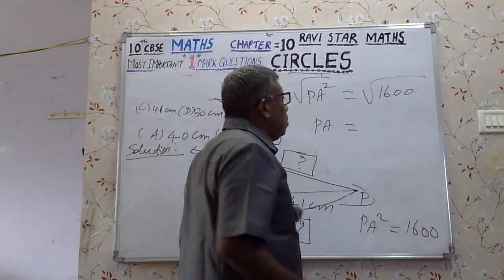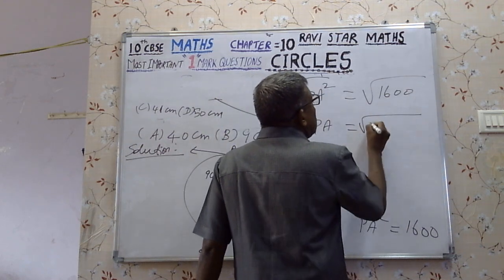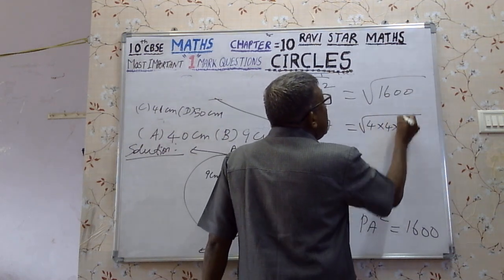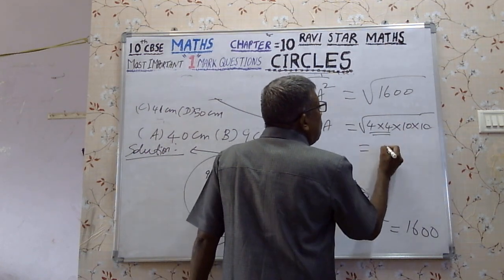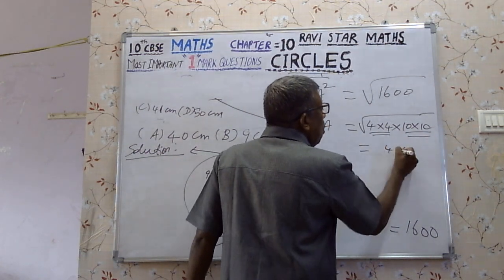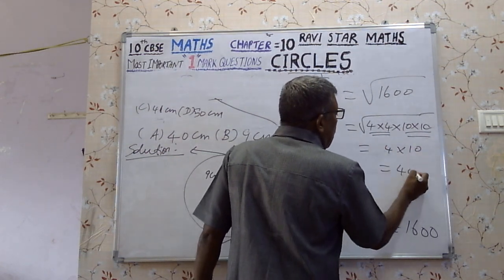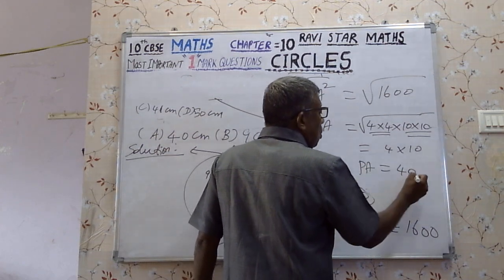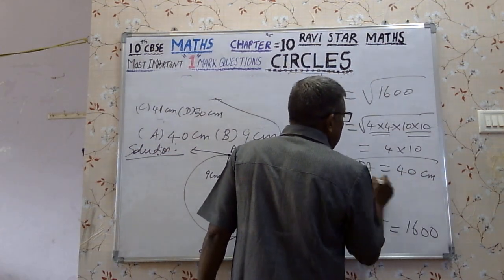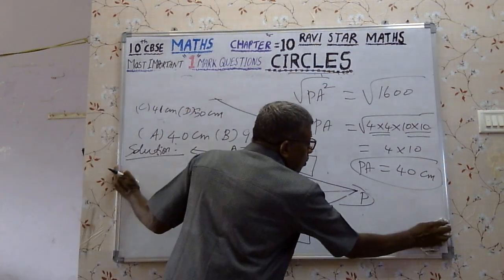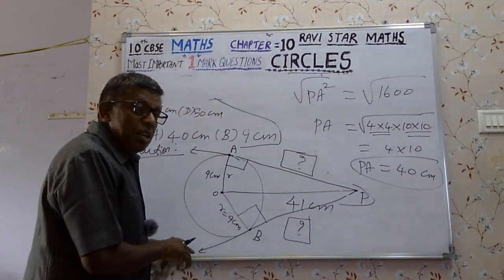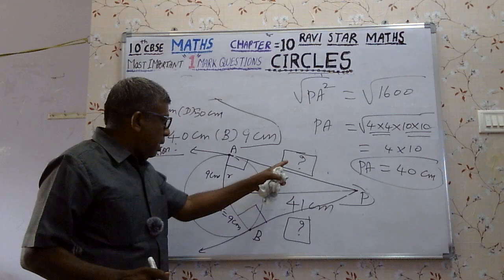Square root of 1600: 16 is 4 into 4, and 100 is 10 into 10, so the square root is 4 into 10, equal to 40. PA equals 40 centimeter. The length of the tangent is 40 centimeter.